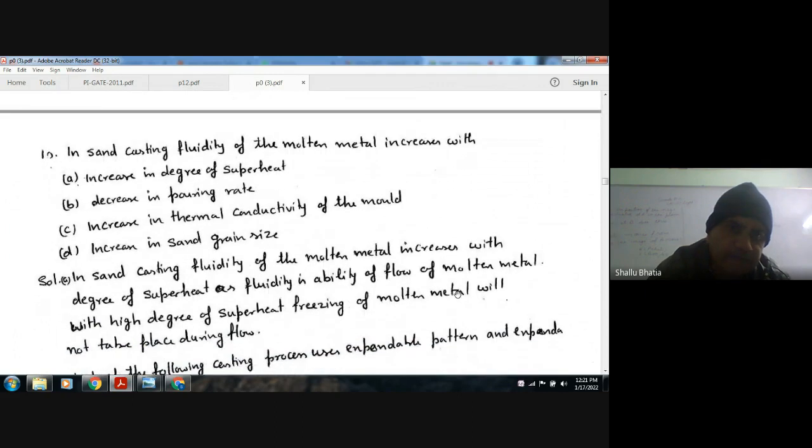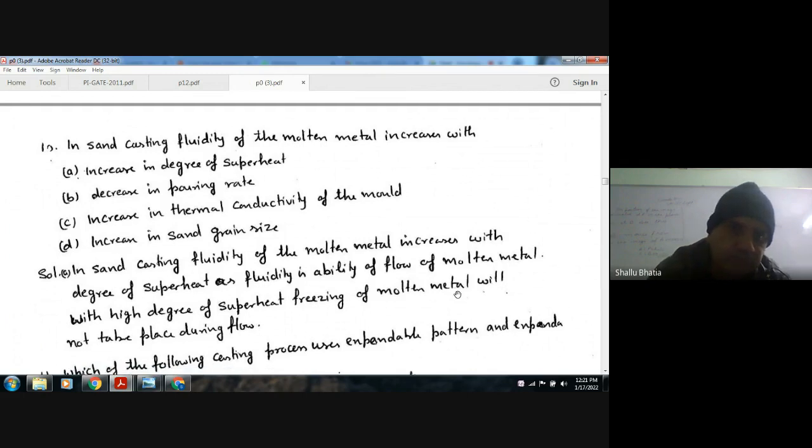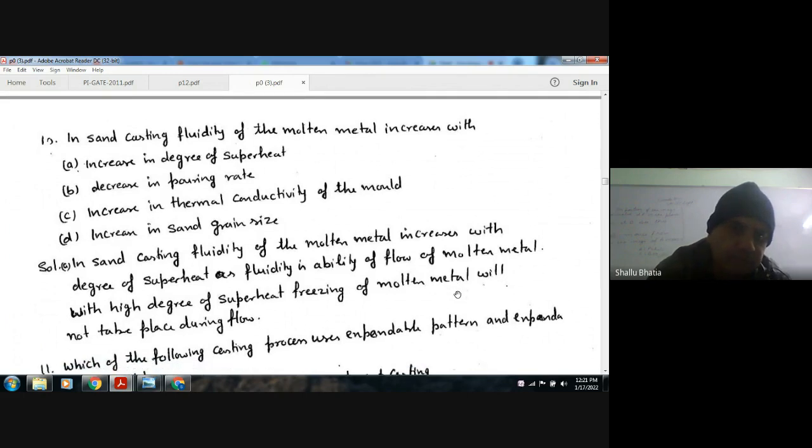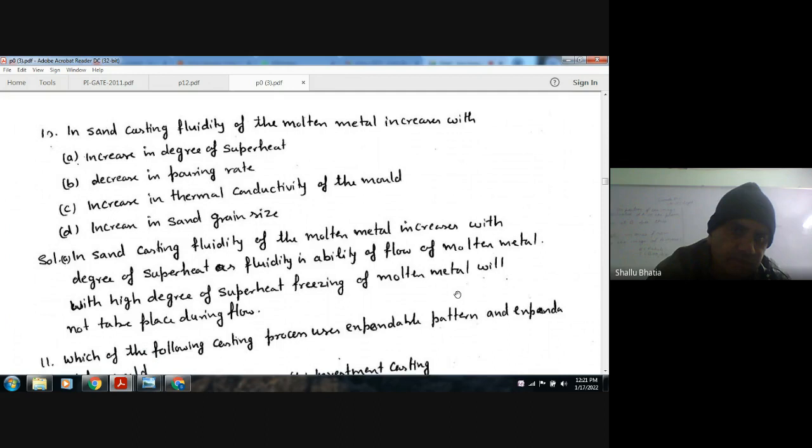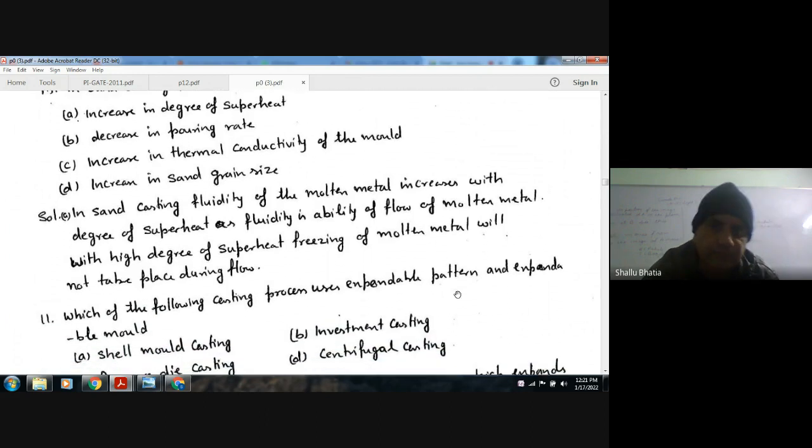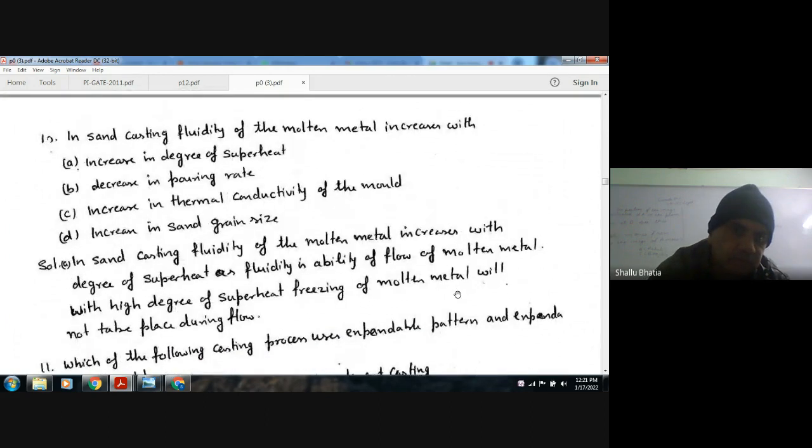Next. In sand casting, fluidity of molten metal increases with option A, increase in degree of superheat, B, decrease in pouring rate, C, increase in thermal conductivity of the mold, D, increase in sand size of vessel. Fluidity is related to the liquid state of the metal.